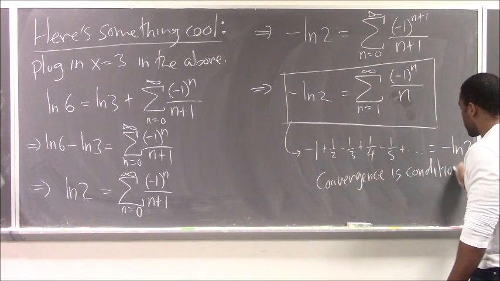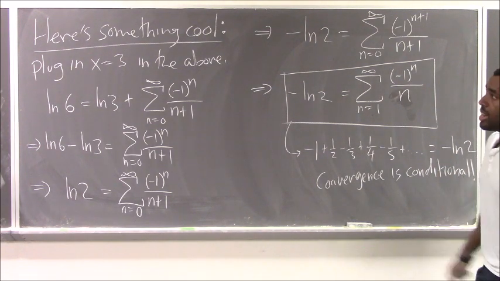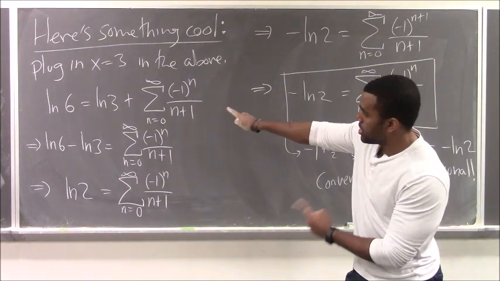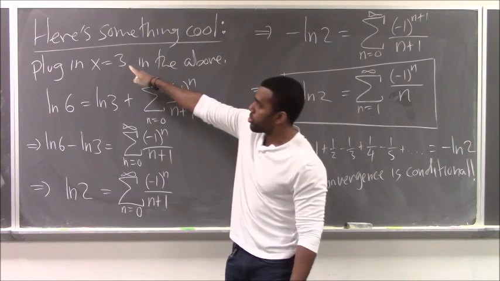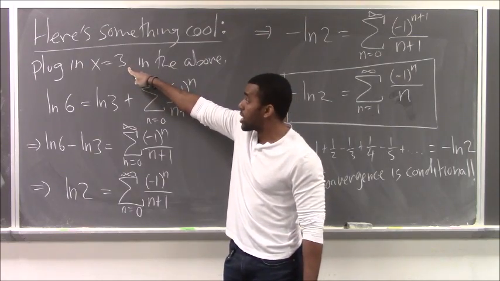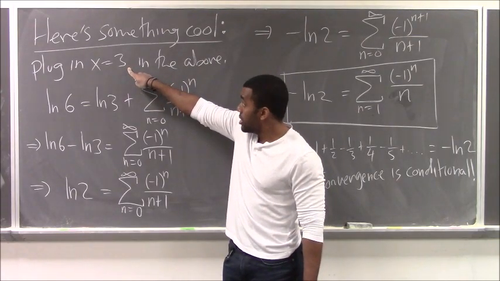One thing you can also notice is that the original series that we used to manipulate to get this did not work at 3 specifically. At least it did not work absolutely at x equals 3.